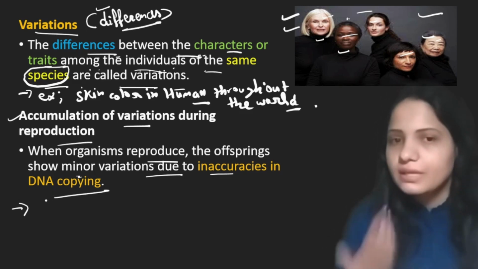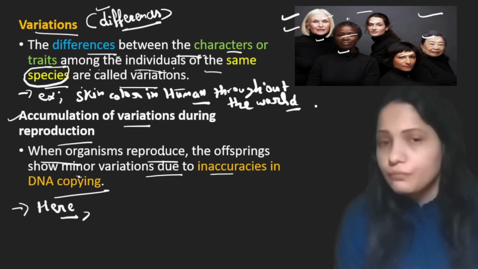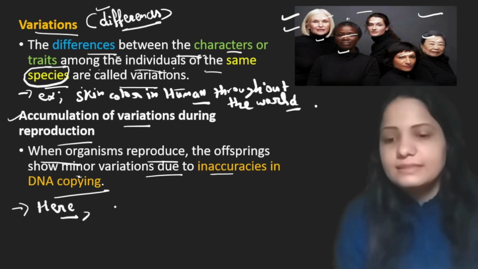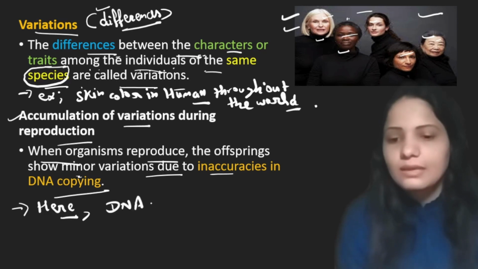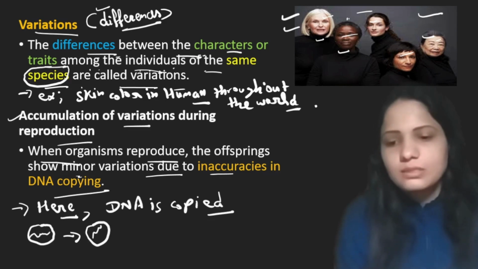If we try to know the reason behind these variations, and the importance of variations, we know that when organisms reproduce, the DNA is copied. We have DNA in our cell, and during cell division, this DNA is copied, meaning a same copy of the parent DNA is formed.